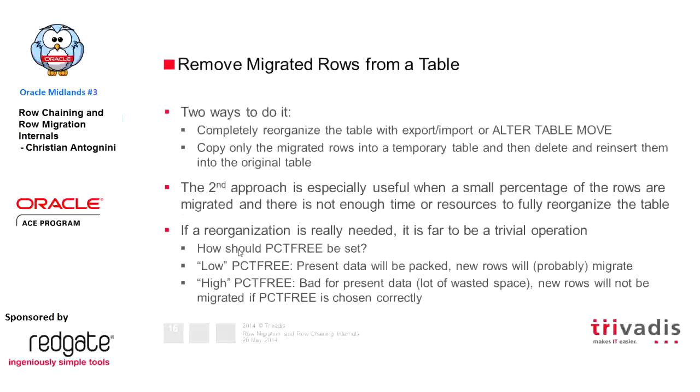Okay. Also be careful with PCTFREE: just setting PCTFREE, reorganizing the table and thinking everything will be fine is usually not the case. Why? Simply because in a table you usually have rows which were already updated, so they already have the maximum size, and rows that will be updated in the future.